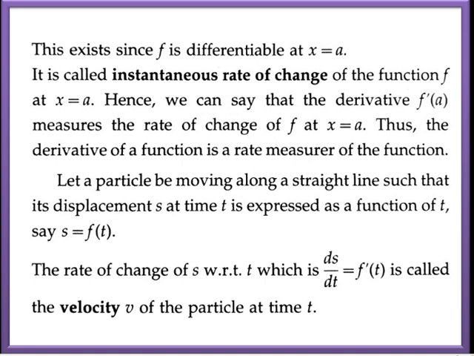Now this is called the velocity v of the particle at time t. If you find the derivative of the velocity with respect to time, you get acceleration. So acceleration is nothing but dv/dt and velocity is nothing but ds/dt.